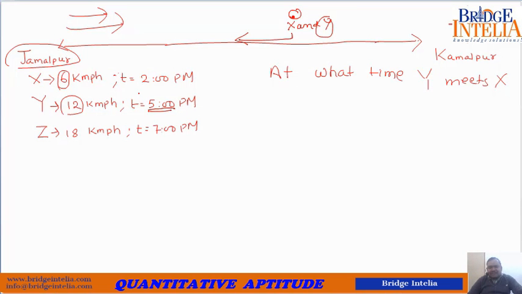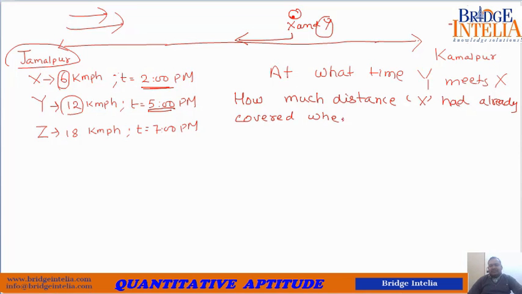Y started at 5 p.m. and X started at 2 p.m. So the first question we need to answer is, how much distance had X already covered when Y started his movement?